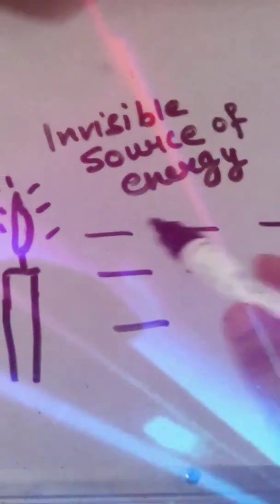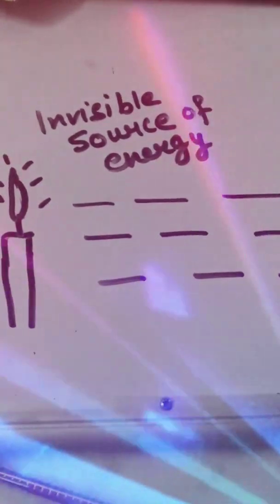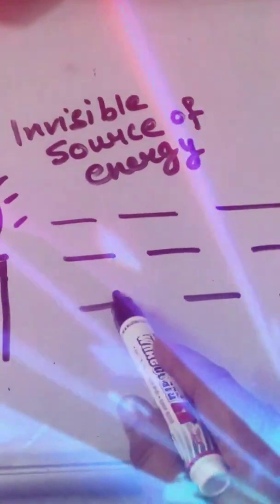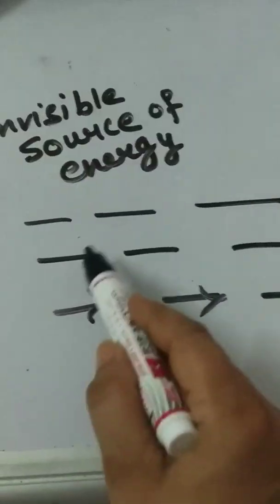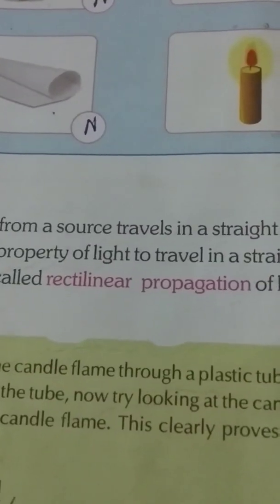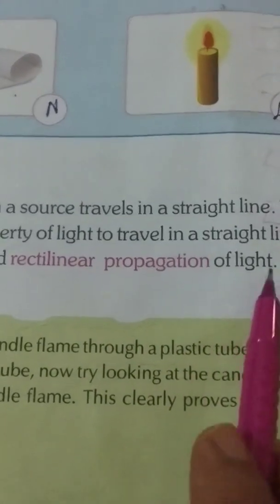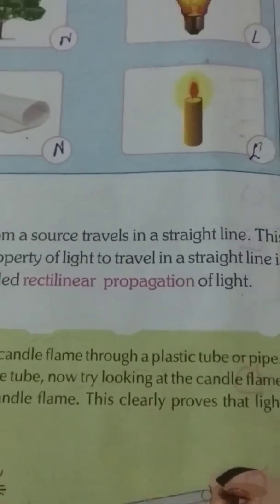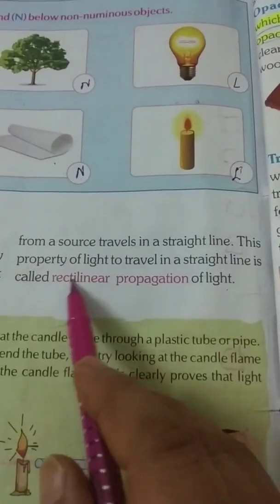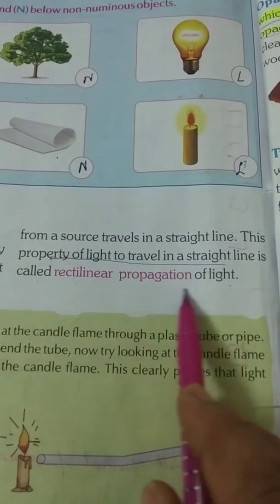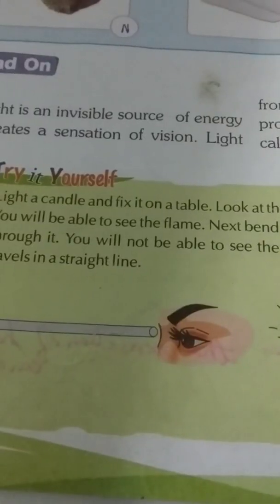This property of light to travel in a straight line is called rectilinear propagation of light. This line you will underline. Property of light to travel in a straight line is called rectilinear propagation of light.